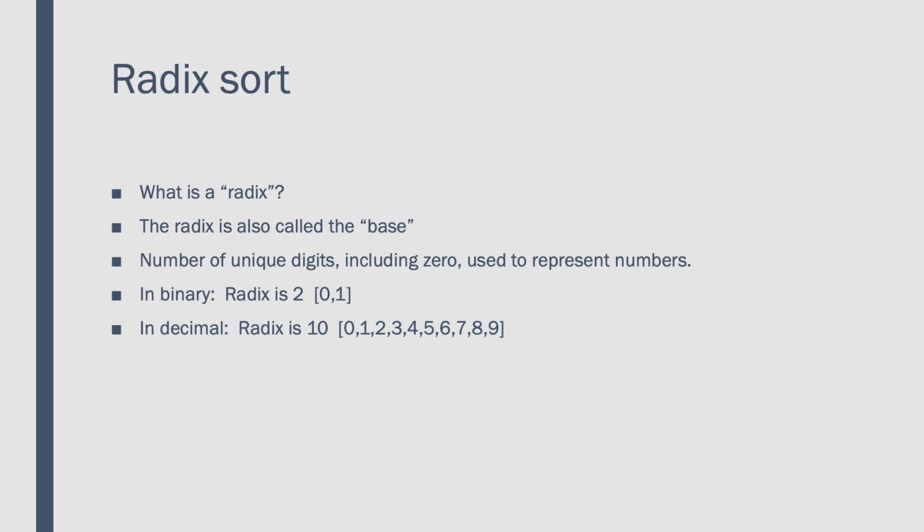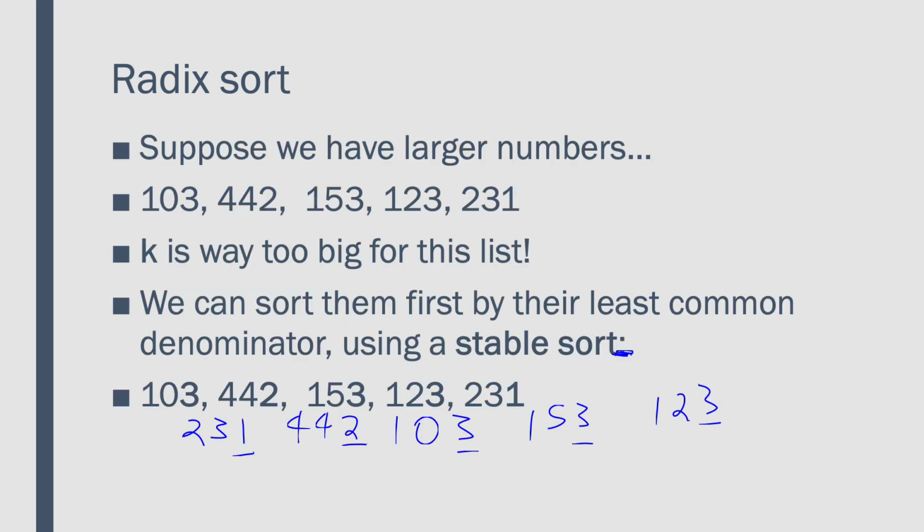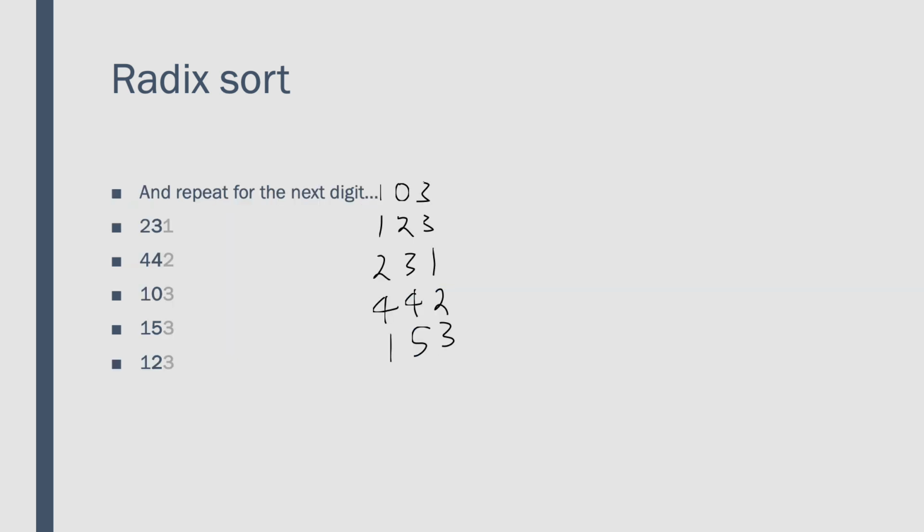Okay, now that we have covered counting sort, after sorting by the units, the rightmost digit, the list became 231, 442, 103, 153, and 123.